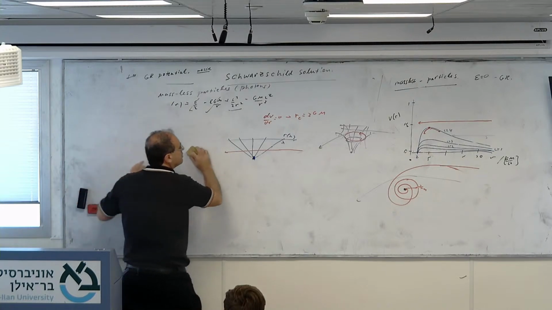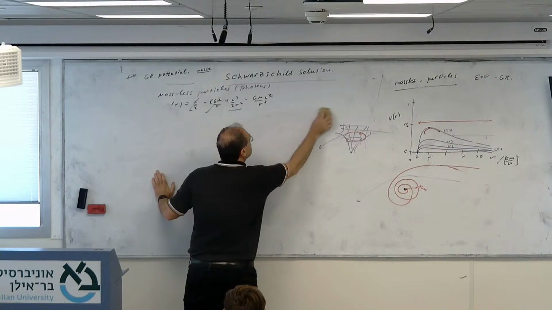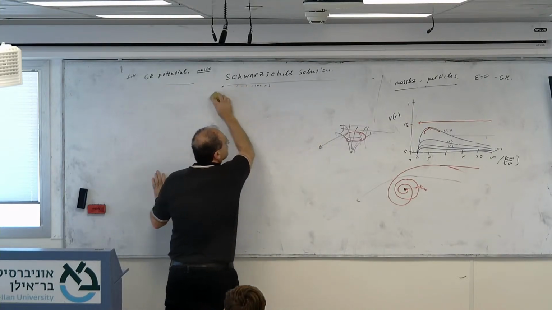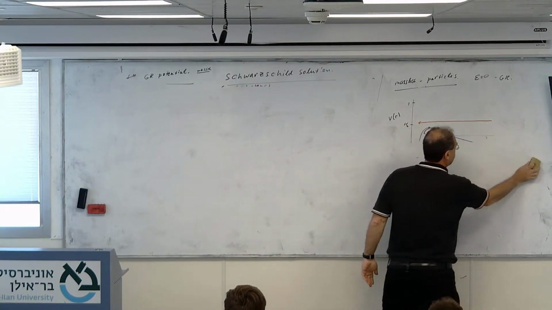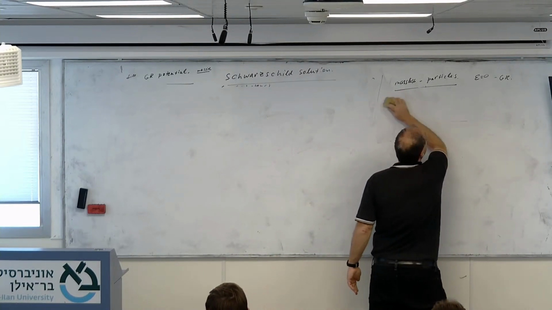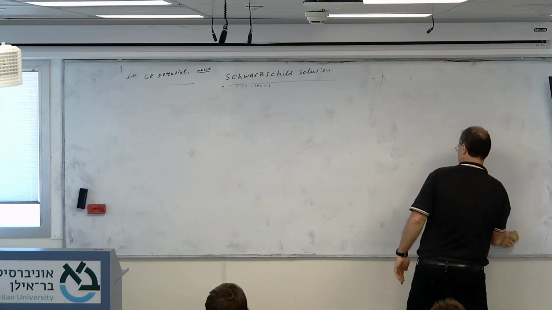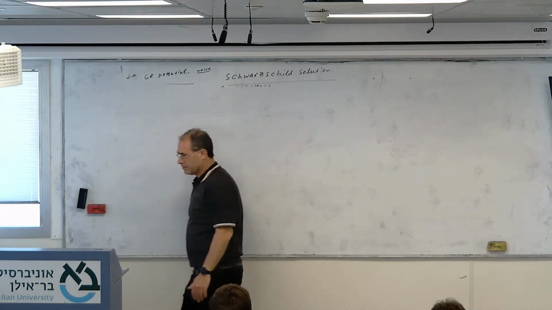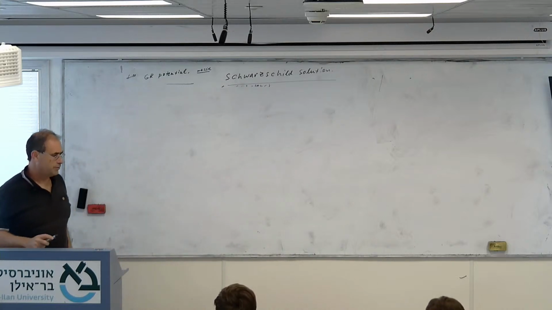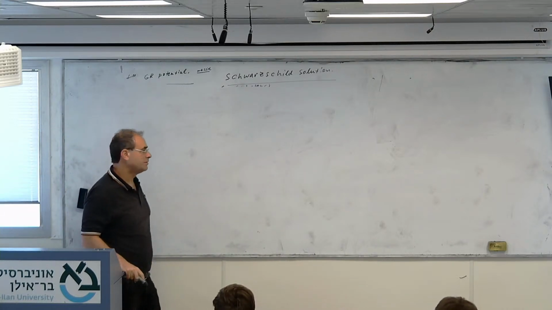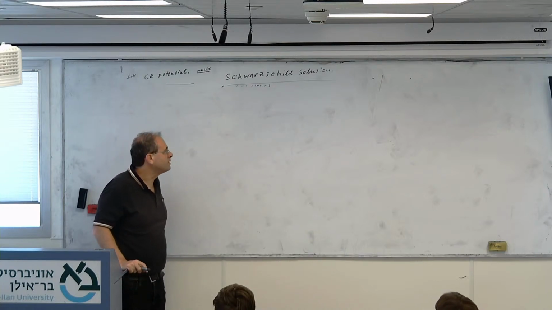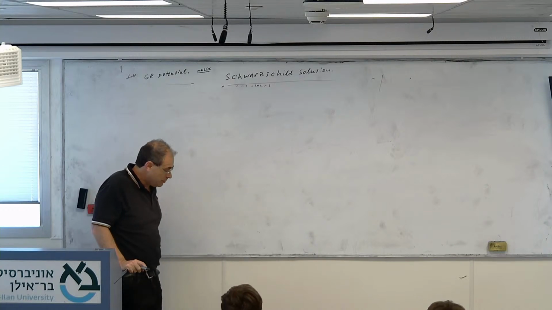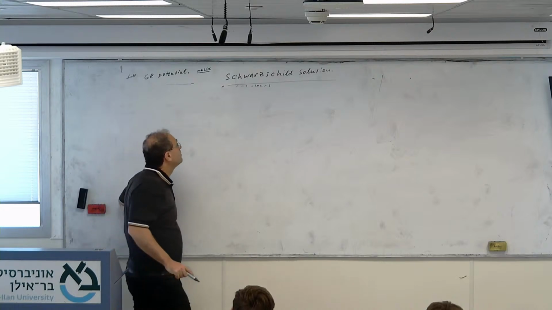The next subject is called classical tests of GR. We spent most of the semester telling you all sorts of nice mathematical stories, developing a big theory and big equation, finding the solution to that equation, and discussing what we may expect to see.